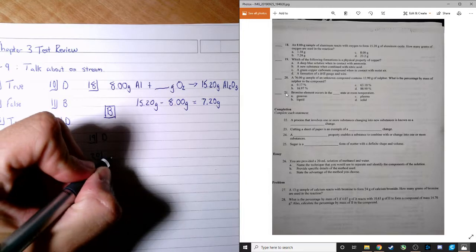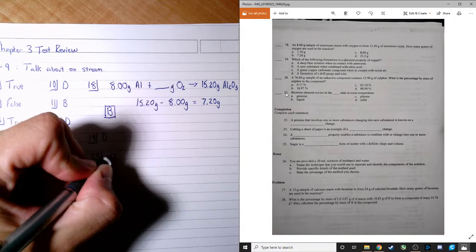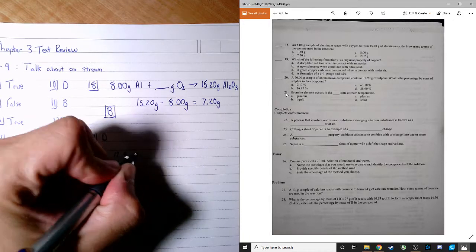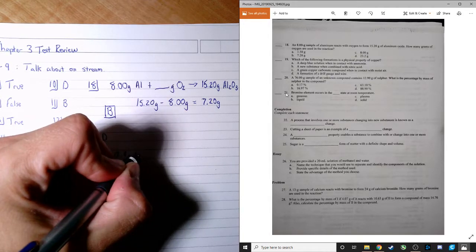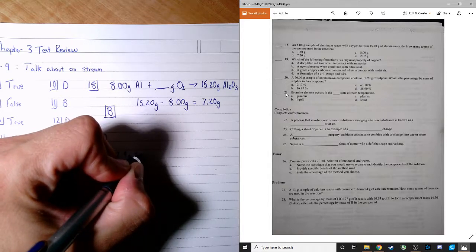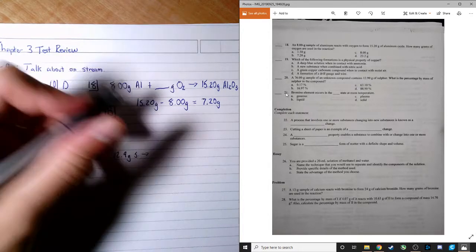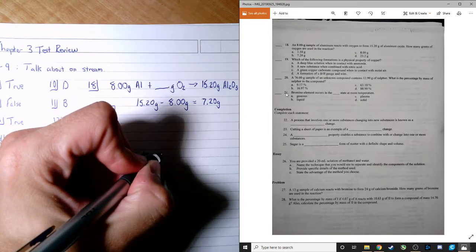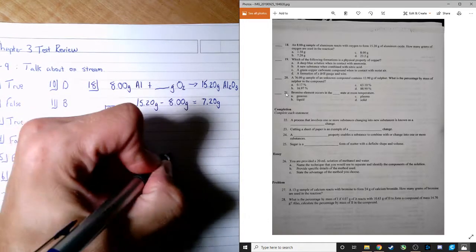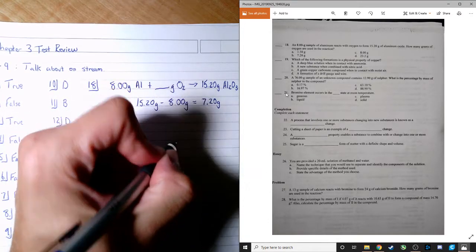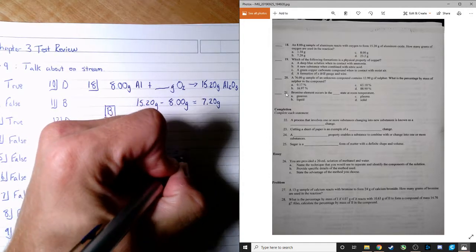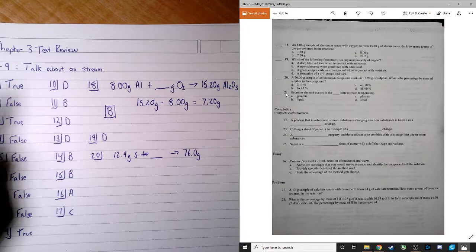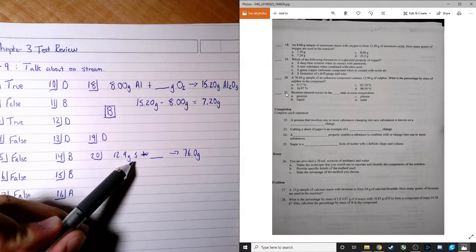So we have 12.9 grams of sulfur, and this reacts with something to produce 76 grams of that something. We want to know what the percentage by mass is of sulfur.